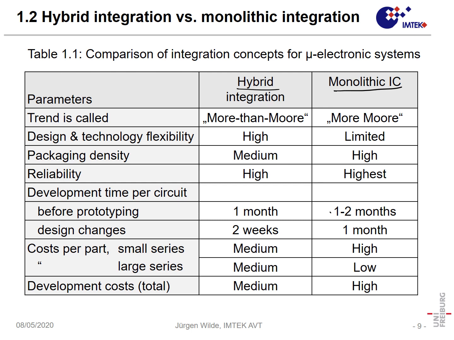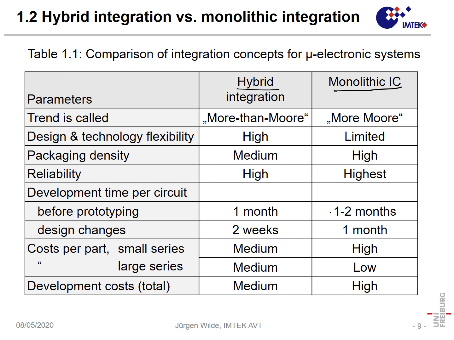On the other hand, the development time for a circuit nowadays can be relatively fast for a monolithic IC, at least if it's only for a part of that circuit.